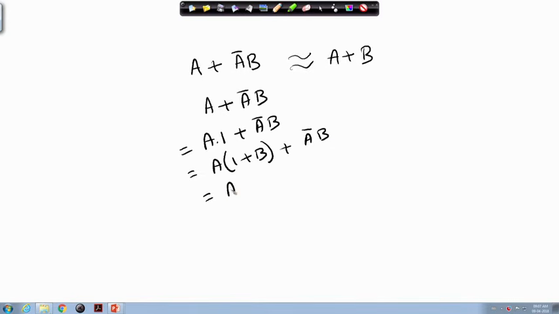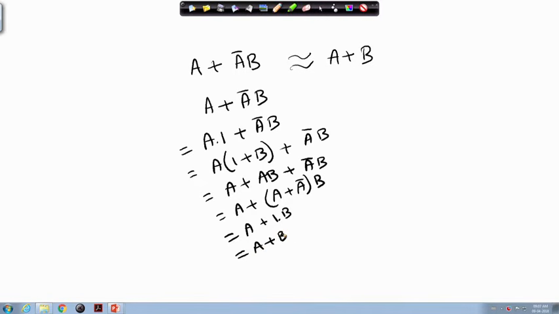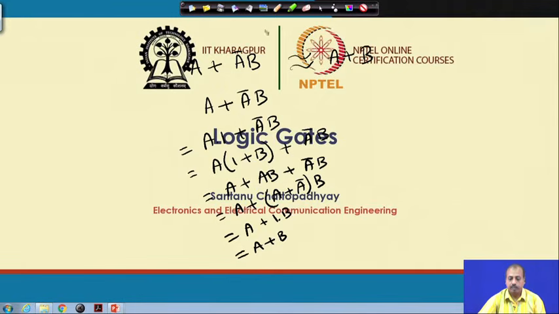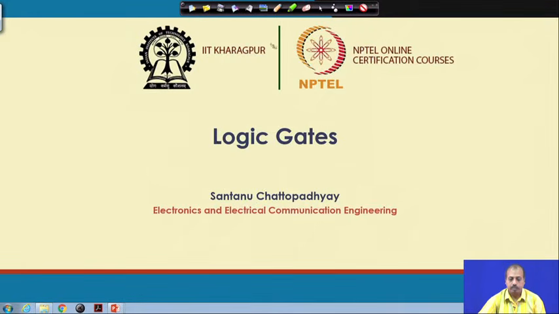If you multiply, you get a plus a b plus a bar b, and so it gives a plus b times a plus a bar. This a plus a bar is again 1, so this gives a plus b. In one class there was some confusion about it, so this is the derivation. With this we will be starting with logic gates.